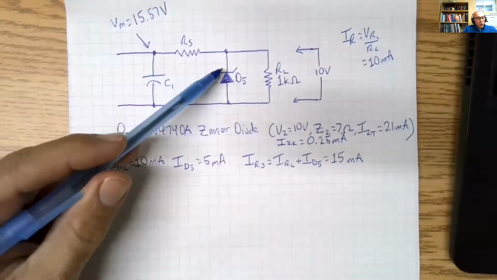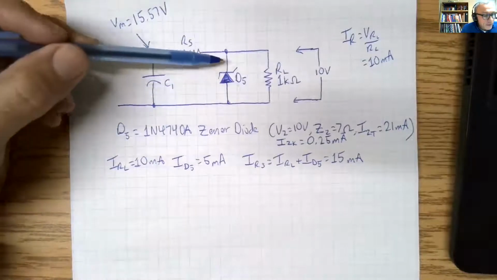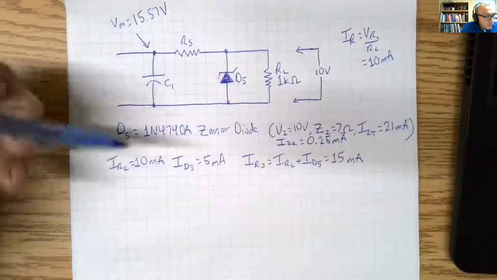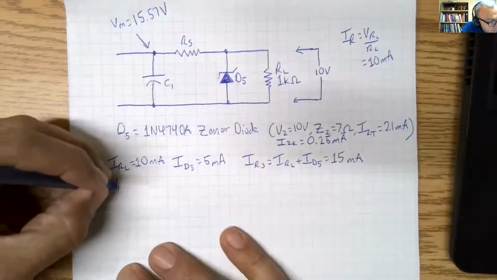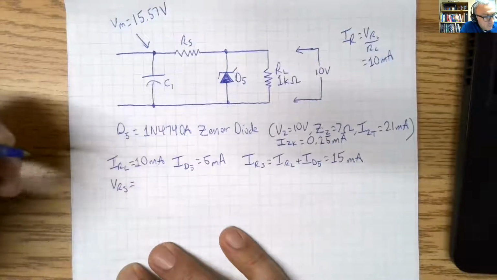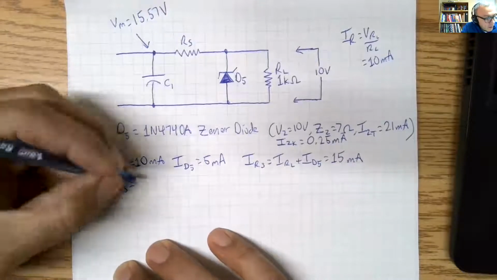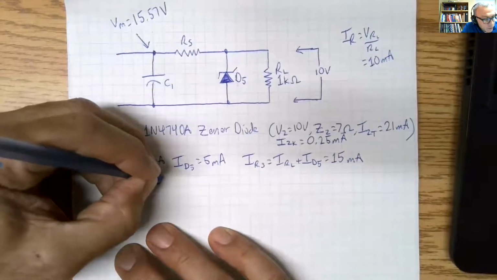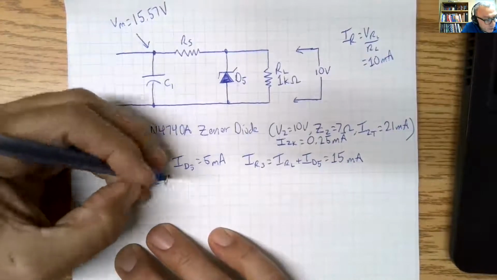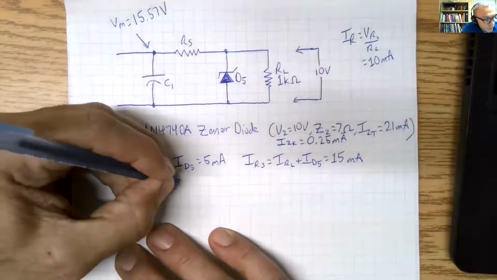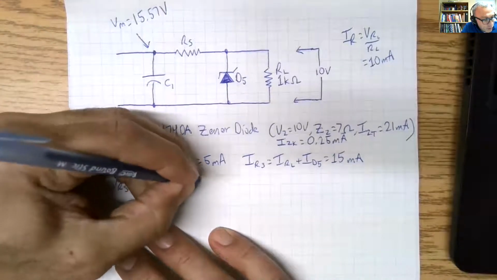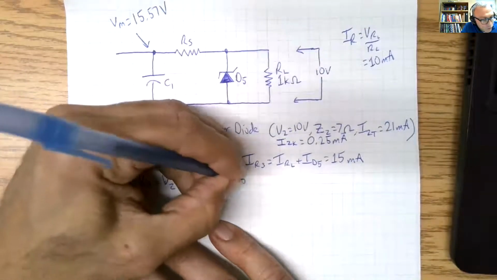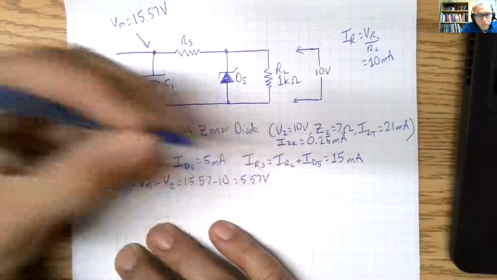We know that the voltage across here is going to be 10 volts. So what's left here, VRS, is going to be Vmax minus Vzener, or VRL, which is 15.57 minus 10, which gives us 5.57 volts.